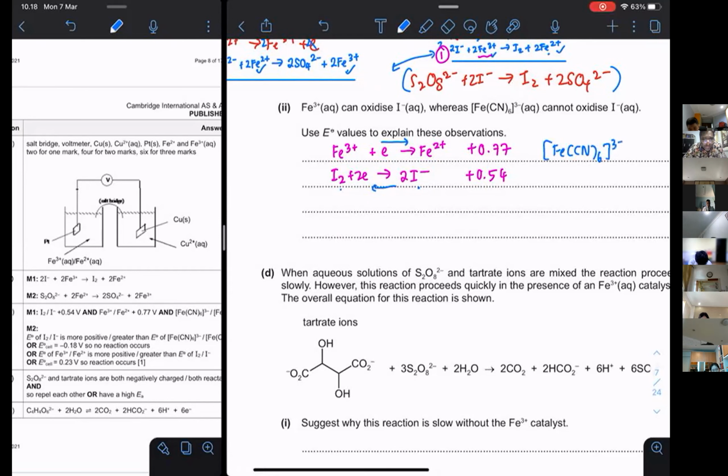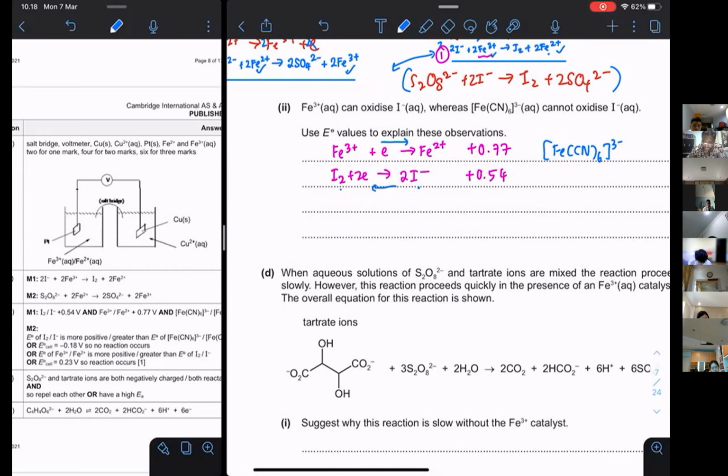Let me look at the data booklet to see whether they have this value. Okay, I found the value.